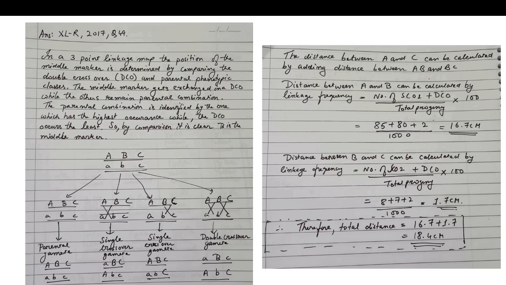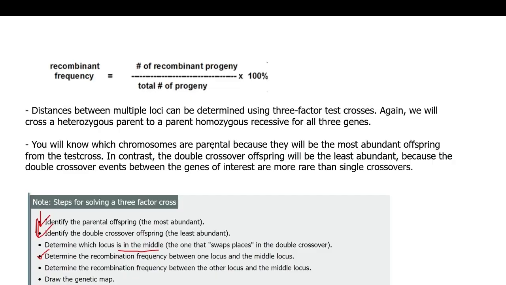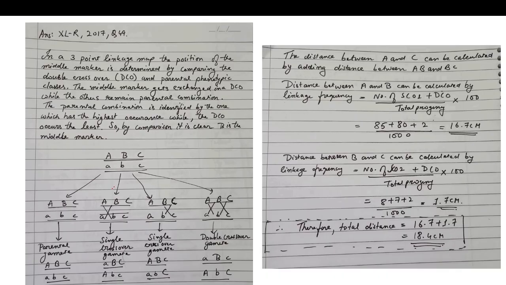Here the recombinant progeny will contain the single crossovers for A and B, where A and B are involved, plus the double crossover, because in the double crossover also the A and B loci are involved. That's why the total number of recombinants will be here.